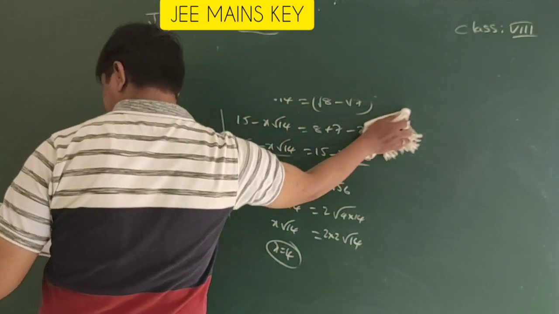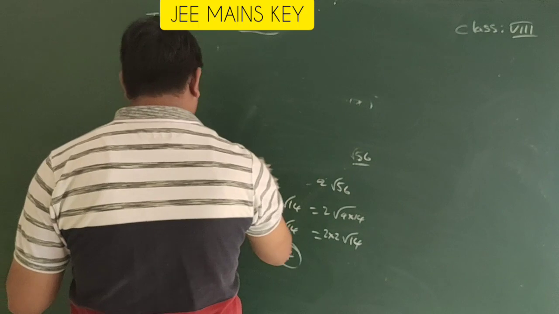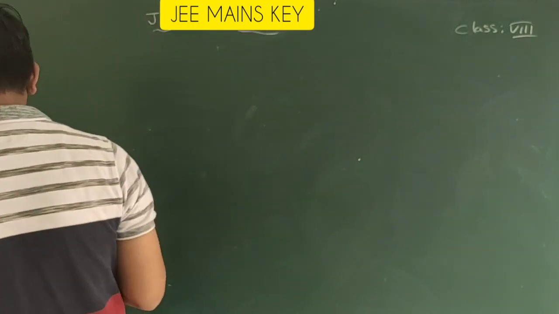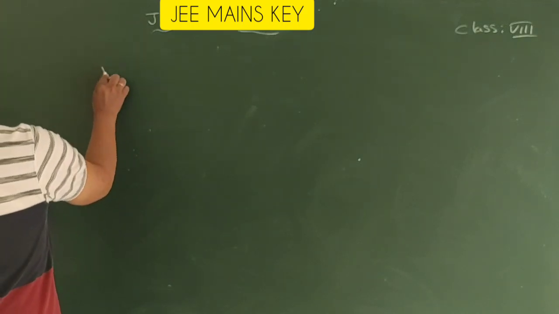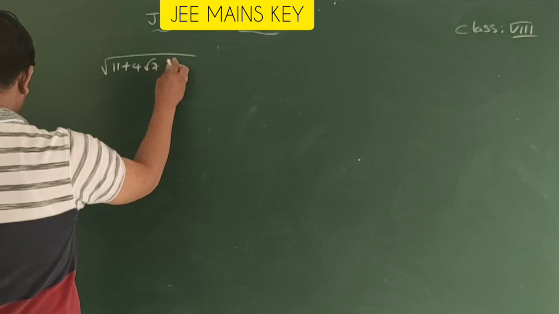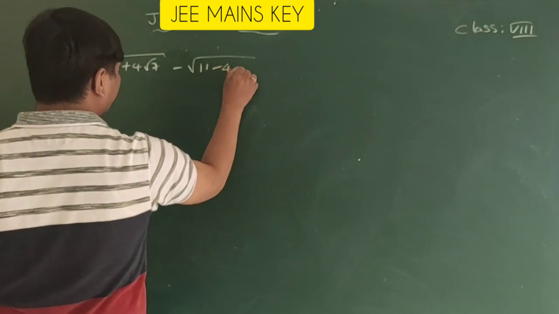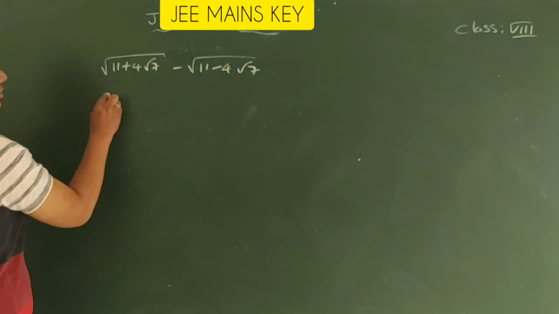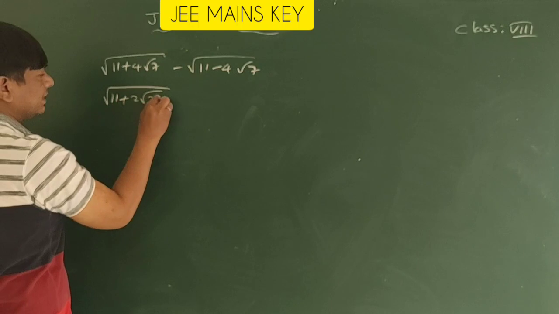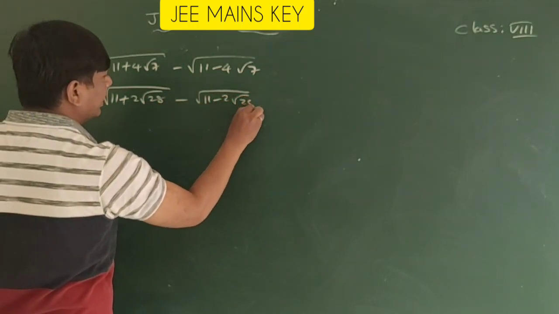Next question. Square root of 11 plus 4 root 7 minus square root of 11 minus 4 root 7. Find out the square root here. Square root of 11 plus 2 into root 28, 7 4s are 28, minus root of 11 minus 2 root 28.